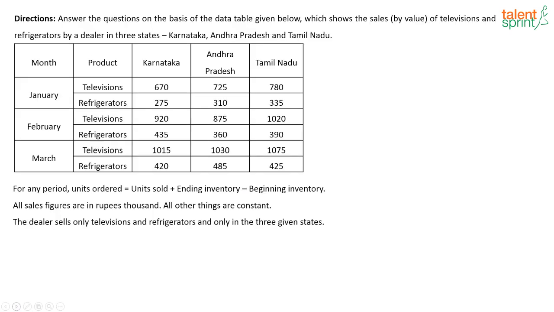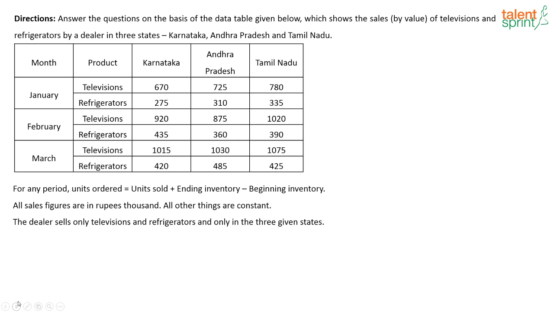Next. The next question is on data interpretation. It is given that answer the questions on the basis of the data table given below, which shows the sales of television and refrigerators by a dealer in 3 states, Karnataka, Andhra Pradesh and Tamil Nadu. The months are January, February, March, and 2 products are being sold, televisions and refrigerators, in each month.